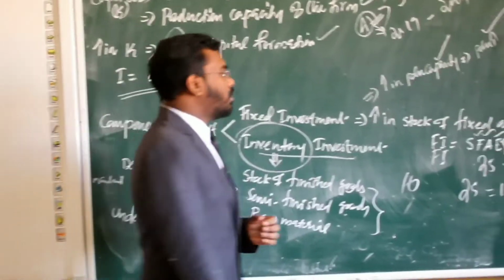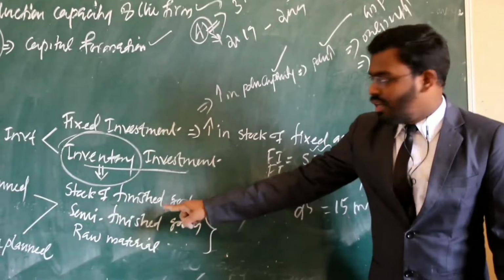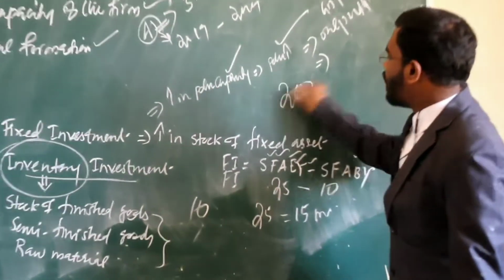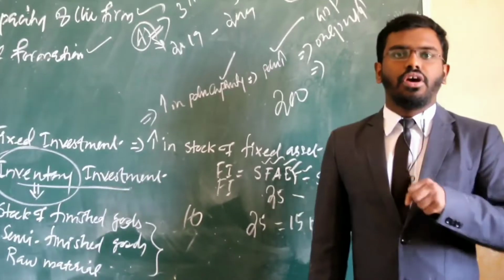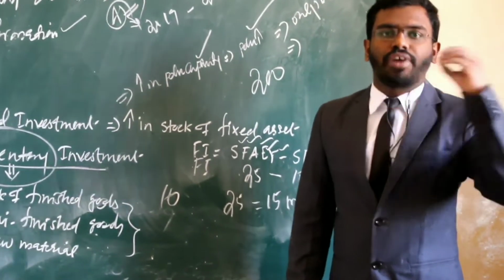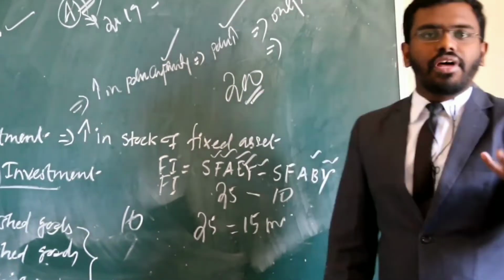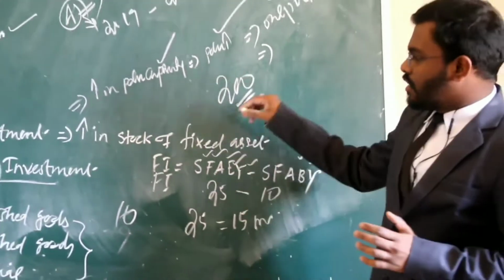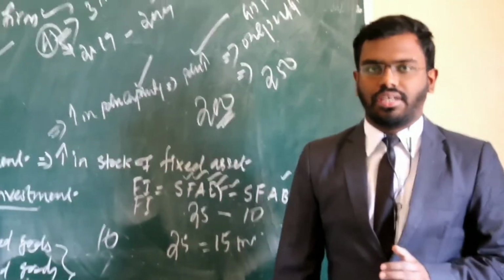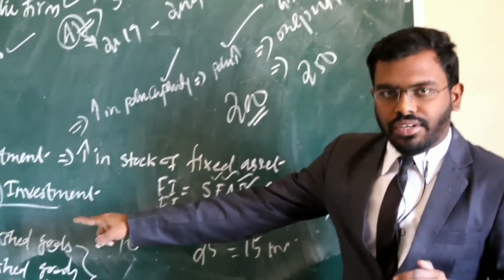For example, suppose a shirt manufacturer kept 200 shirts in his hand when he started his business, or when he started the new financial year. So 200 shirts. At the end of that financial year, this stock of shirts became 250. So inventory investment means change in inventory stock.